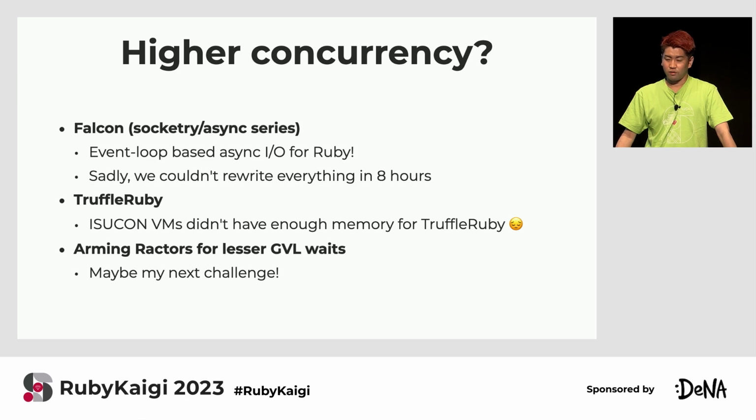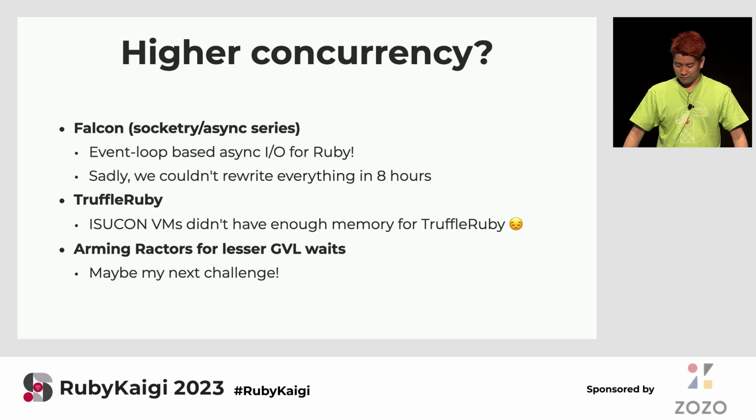Each Ractor has its own GVL. Koichi-san said the GVL isn't global anymore. It's Ractor-local. But coming to this RubyKaigi, I've been discovering that Ractors aren't really easy at some points. So it could be my next challenge.